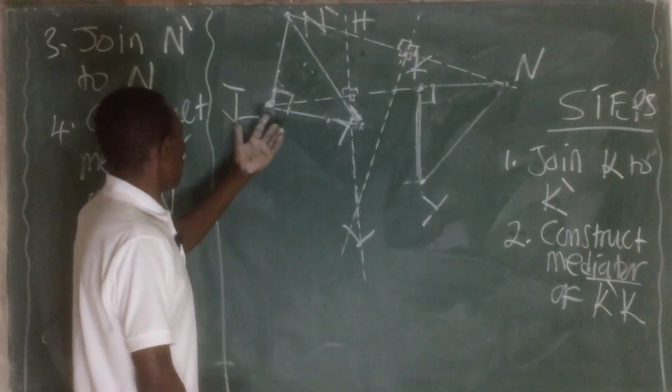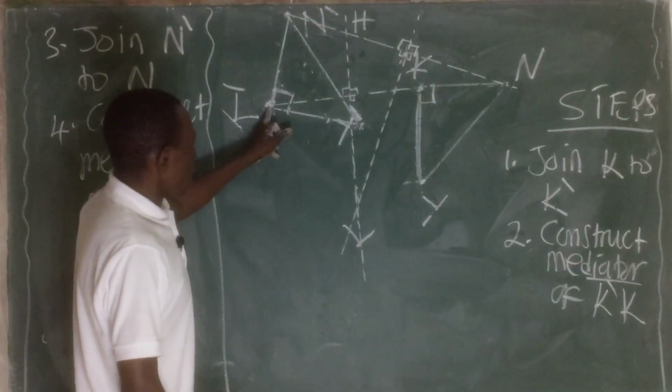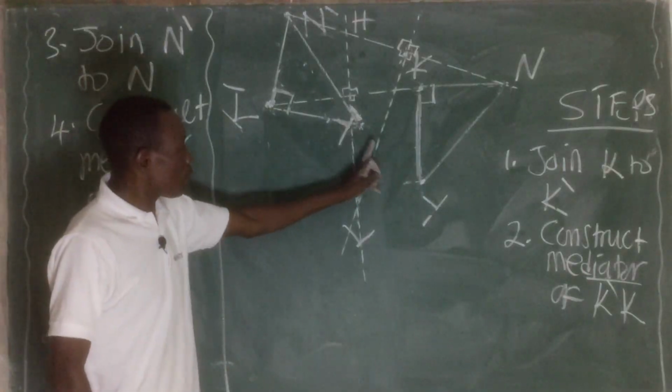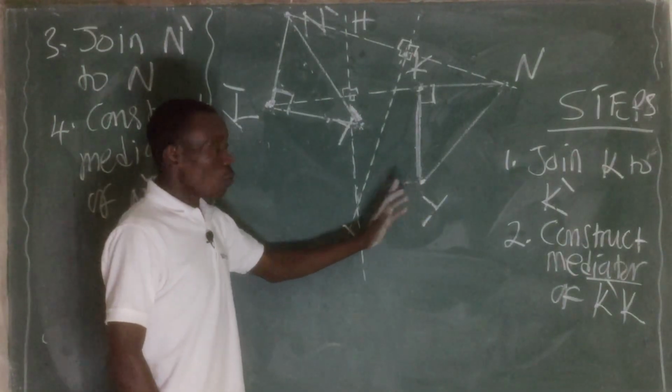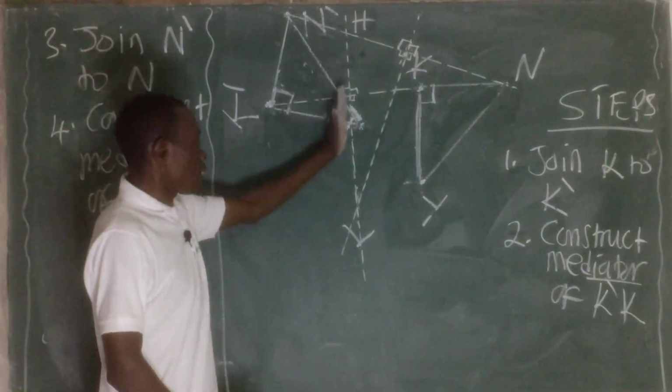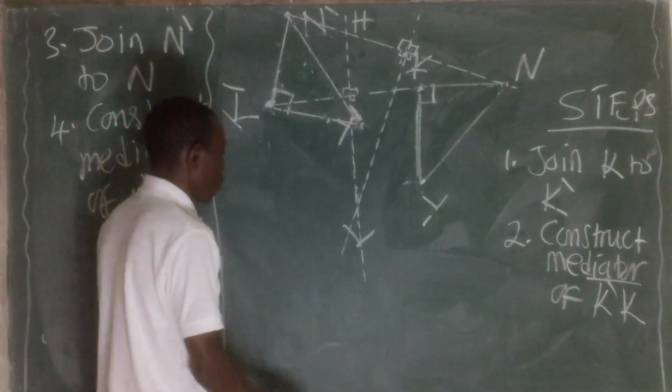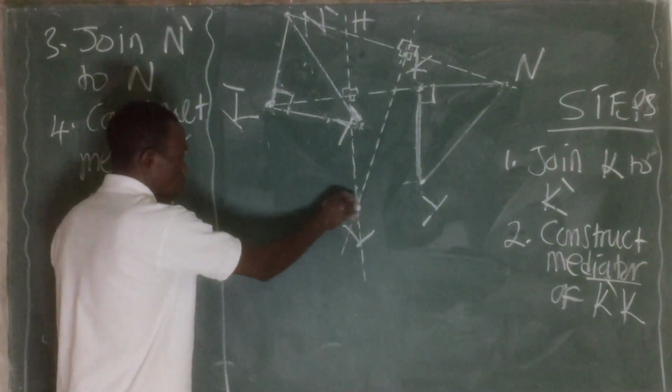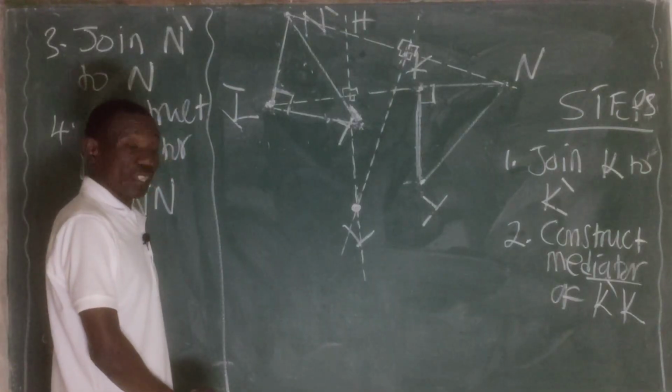We can even go further and also have the mediator of Y prime Y, no problem. What will happen when you extend or produce those mediators is that they're going to intersect somewhere, right? At one point, they're going to intersect.